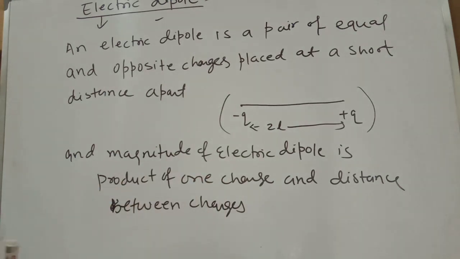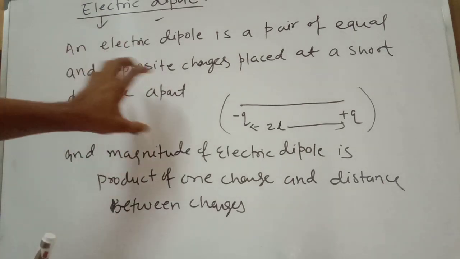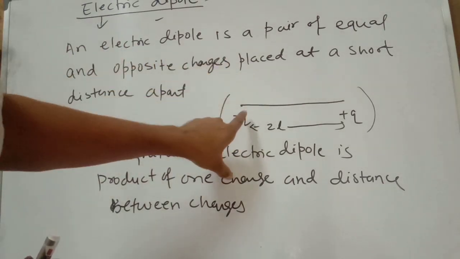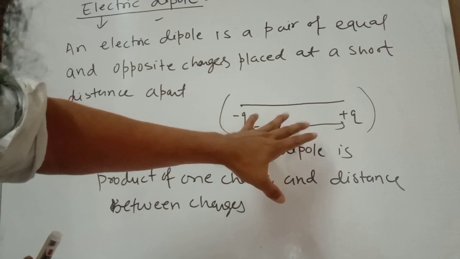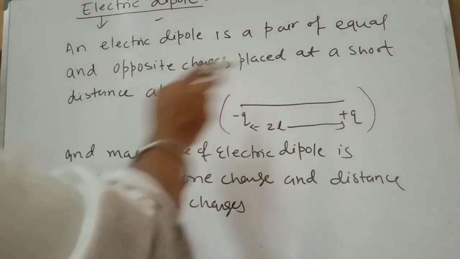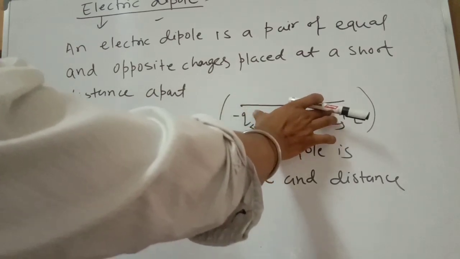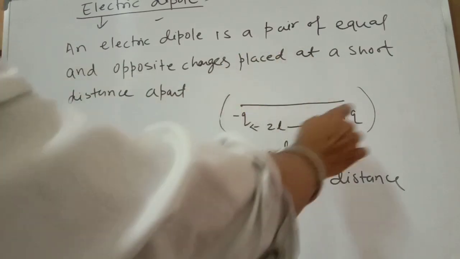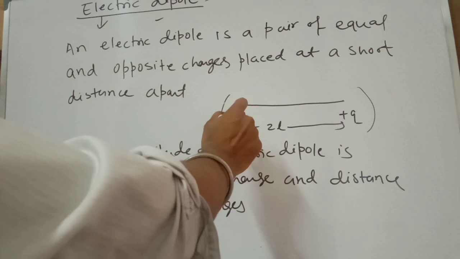So first of all, an electric dipole is a pair of equal and opposite charges placed at some short distance, and this distance is very small. This construction overall is called electric dipole.